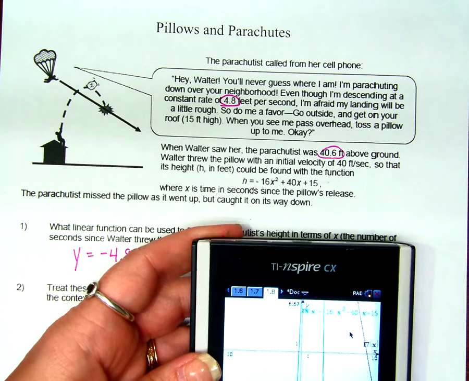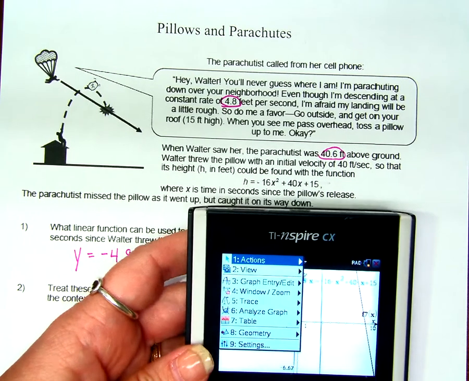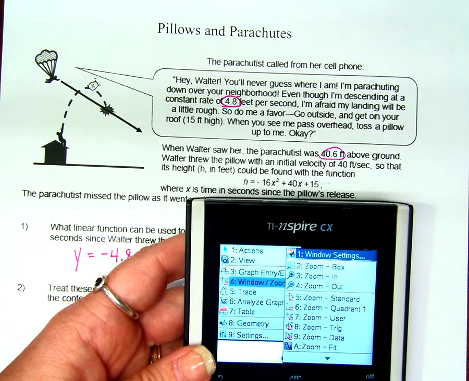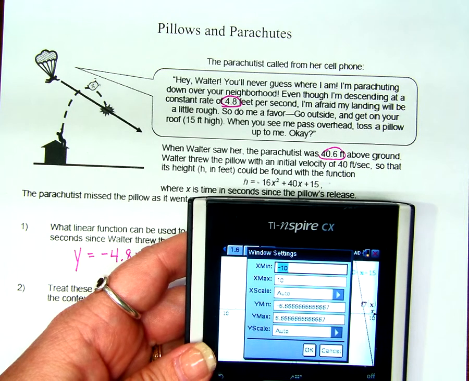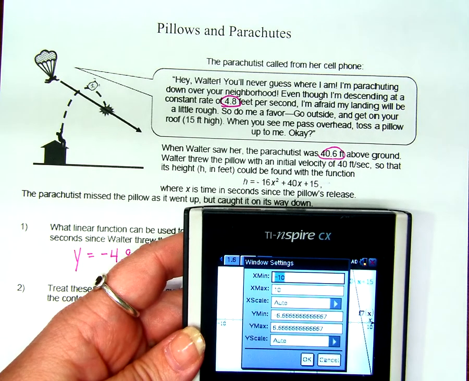Now I can't see anything that I'm going to need, so I need to fix my window. If you zoom out a lot, though, it doesn't give you a good perspective. So let's make window settings, but let's think about it. What should my x min be? X is the time, right?